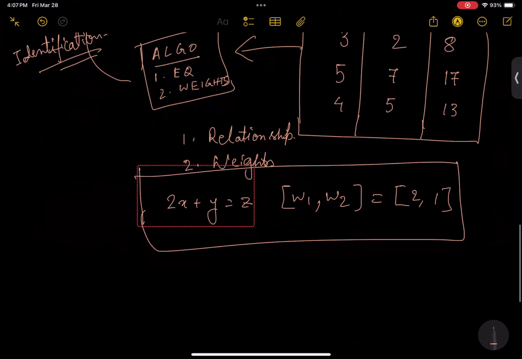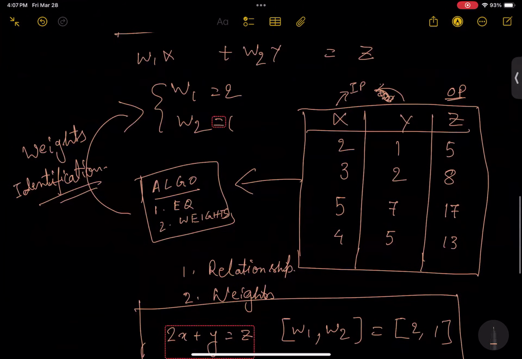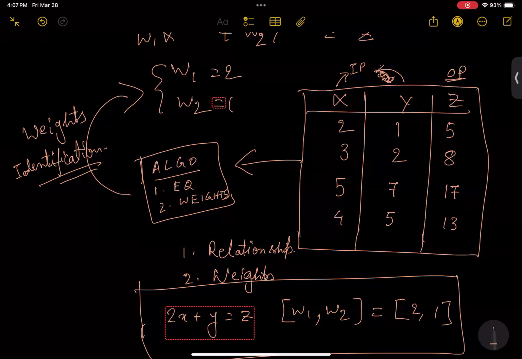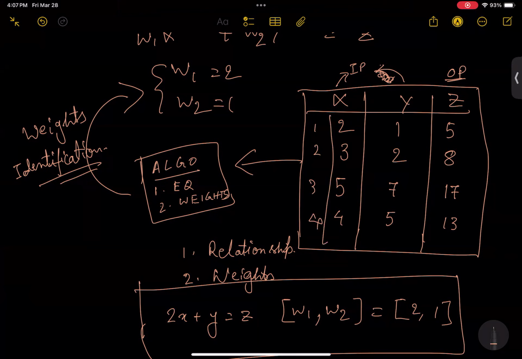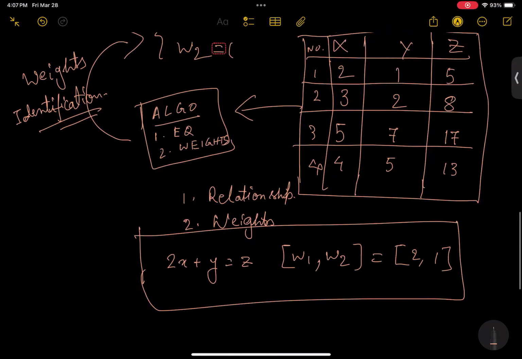Now if I am giving these four observations or data points to the machine, it would be able to find the relationship of the pattern, and the machine will understand this.